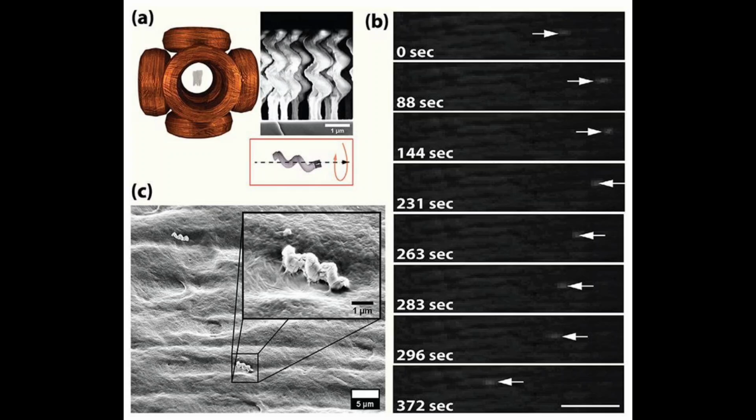Figure A. Schematic showing a triaxial Helmholtz coil similar to the coil setup used for experiments. Figure B. Various snapshots from a movie where the bot was maneuvered forward and backward through a dentinal tubule.